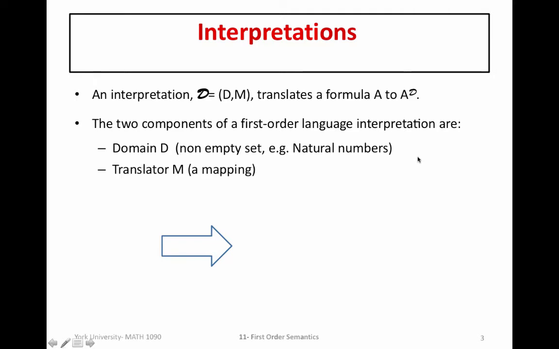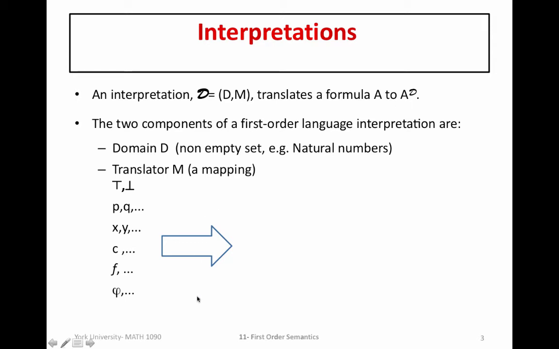And then we need to also define a translator M, or a mapping, which maps each element within our predicate logic to an element either within our domain or a truth value to give a truth value to the statement we're translating. So essentially, the interpretation allows us to interpret the semantic meaning of the particular well-formed formula.